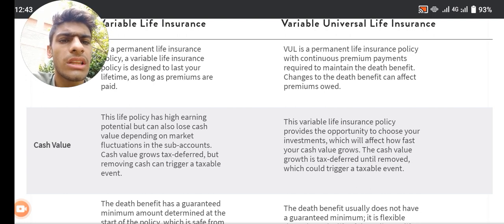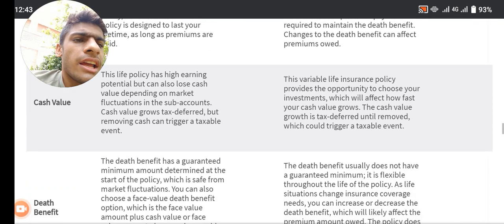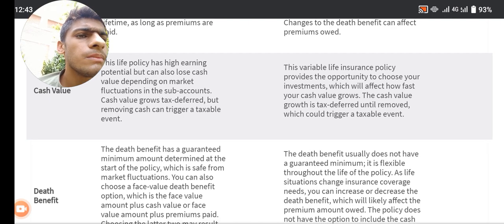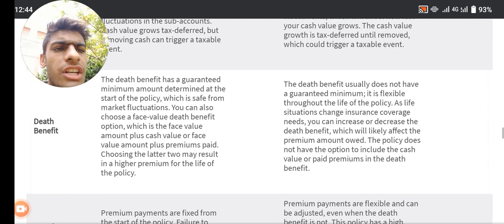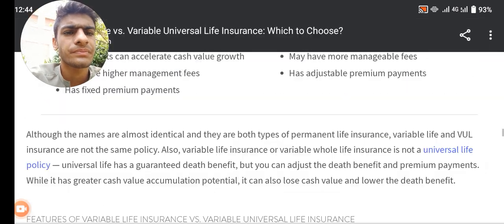There are taxes and other requirements for these policies, and you can follow these steps to understand the growth.